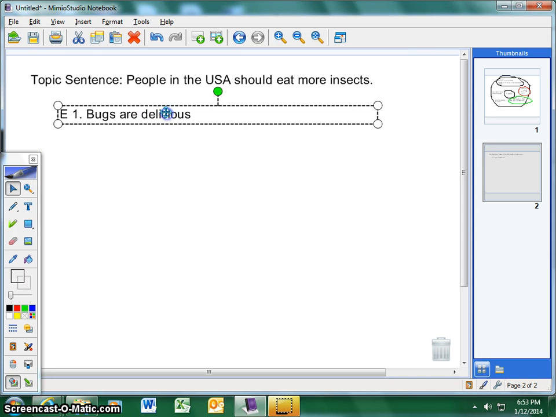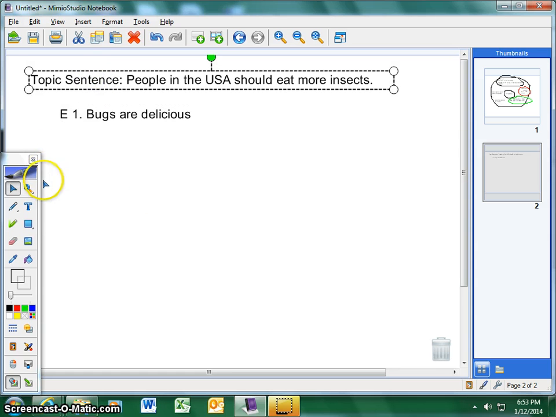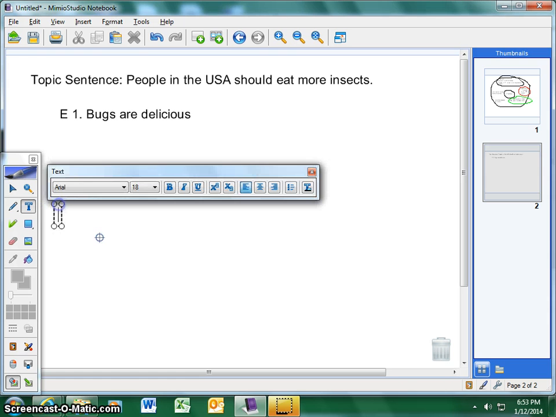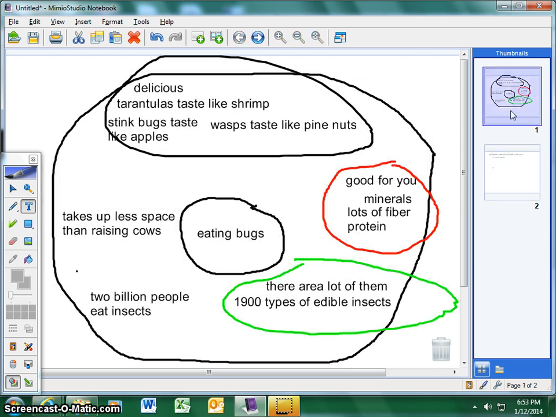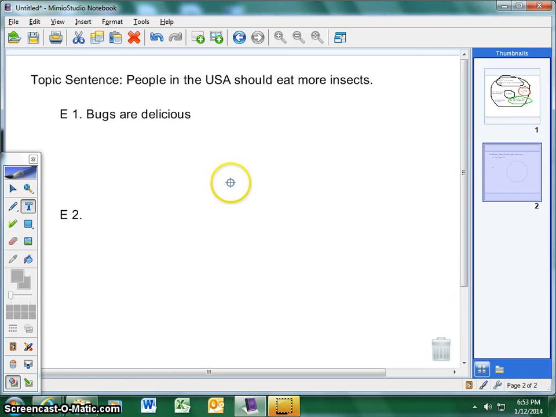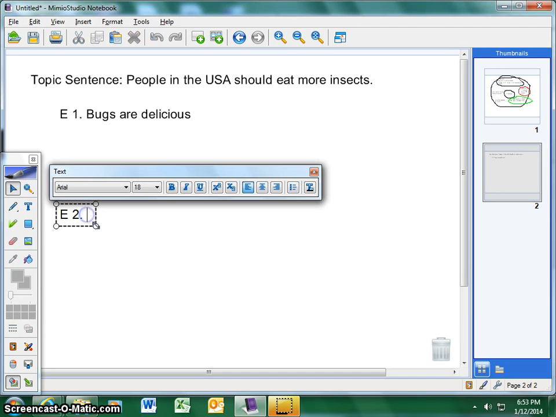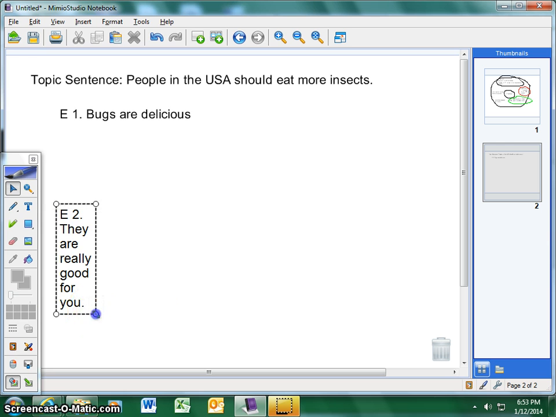And evidence is supposed to prove your topic sentence. We need another piece of evidence. We'll call it E2. All right, the next one down is it's good for you. They're really good for you.